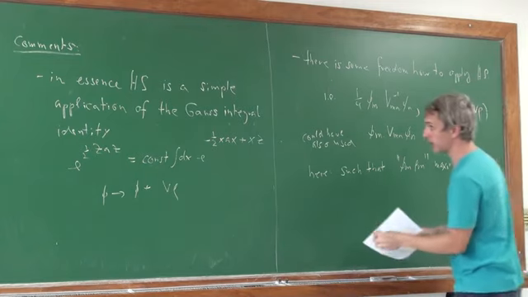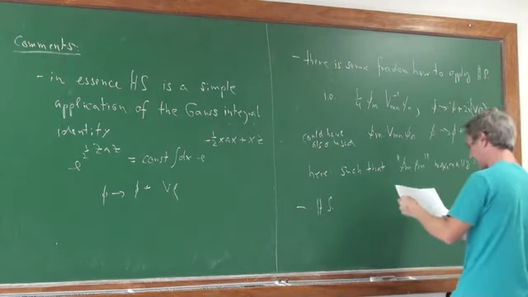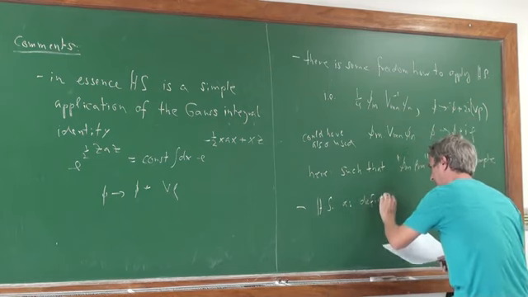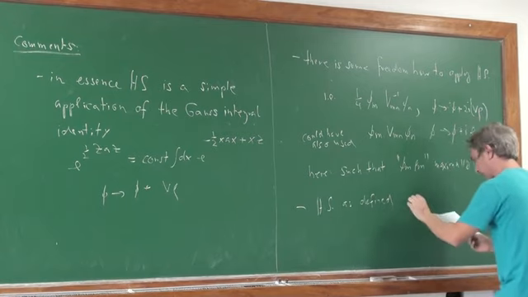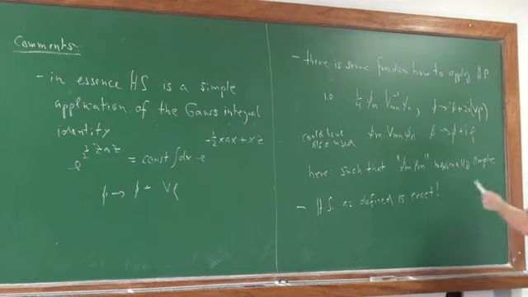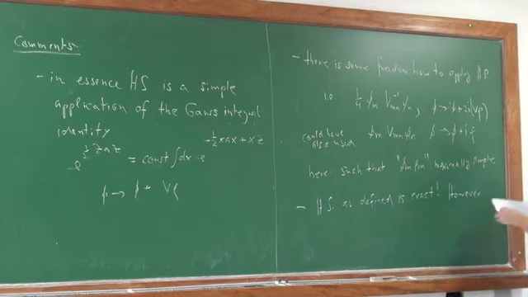Then the final comment I want to make is that the Hubbard-Stratonovich transformation as such is just a mathematical identity, so it's exact. Okay? But what I try to emphasize all the time is that if you look at it mathematically, it's a boring thing, but it gets interesting once you make it really meaningful by filling it with some physical content.